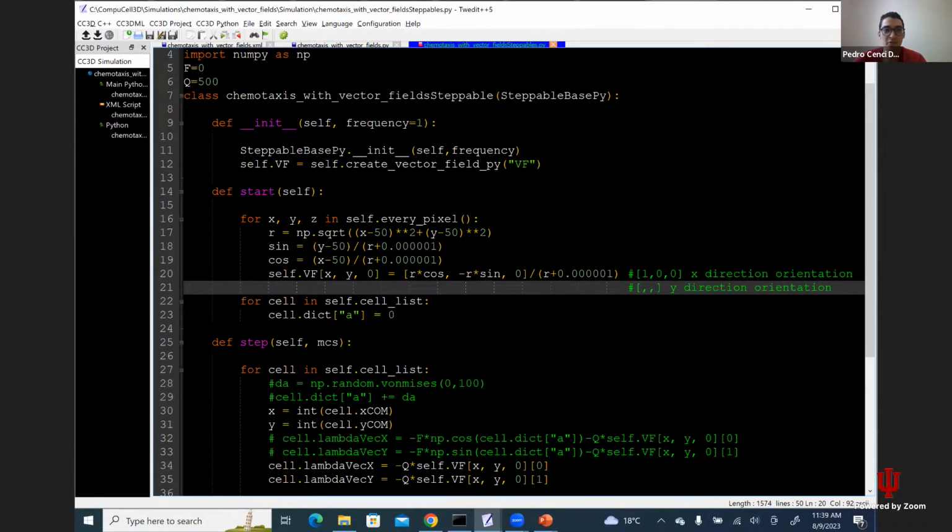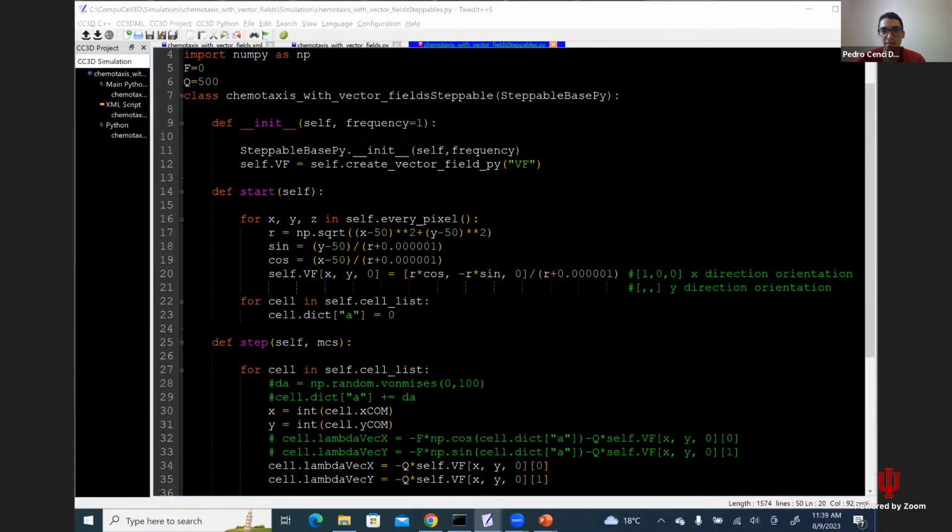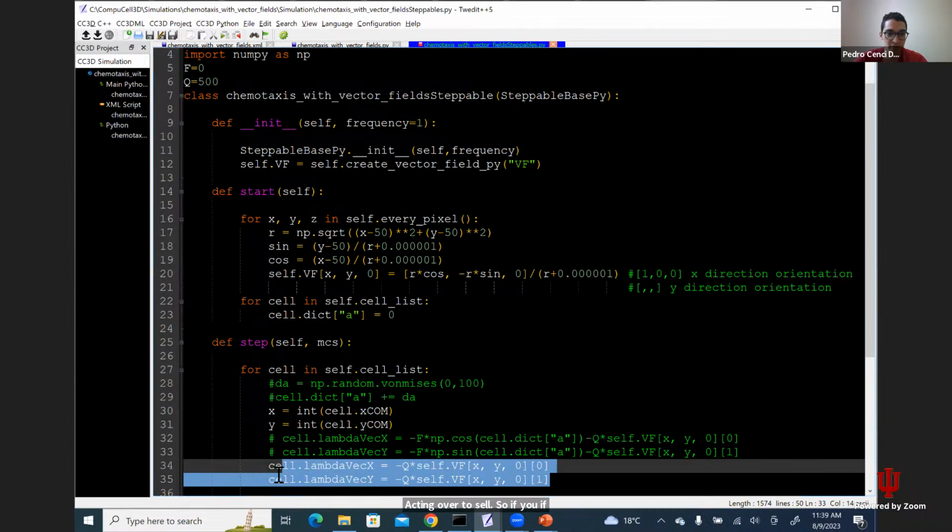The letter Q is the strength of the force acting over the cell. So if you see these two lines over here, the Q is modulating the force strength over the cell. So it's multiplying the direction of the vector field. Yeah, that's it.